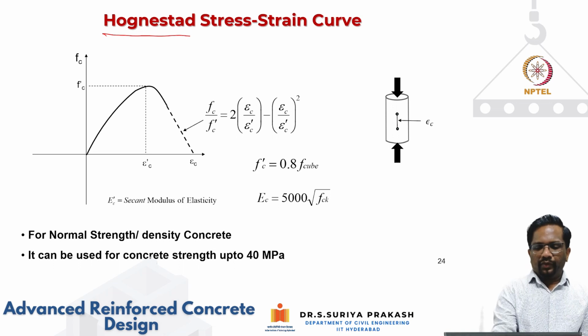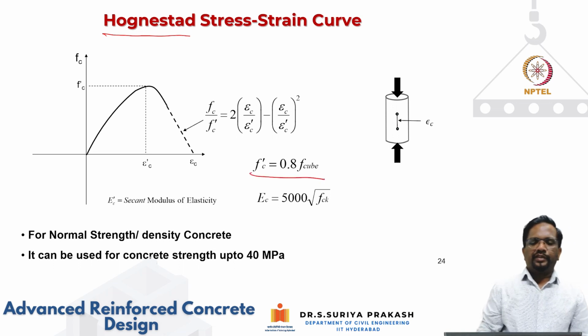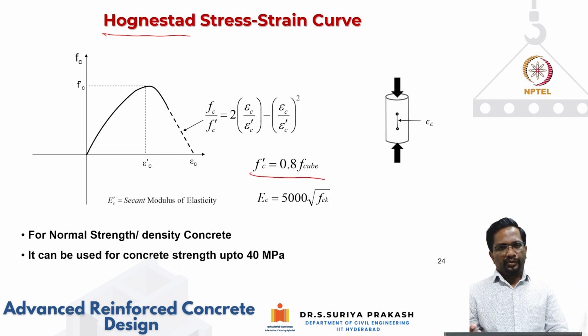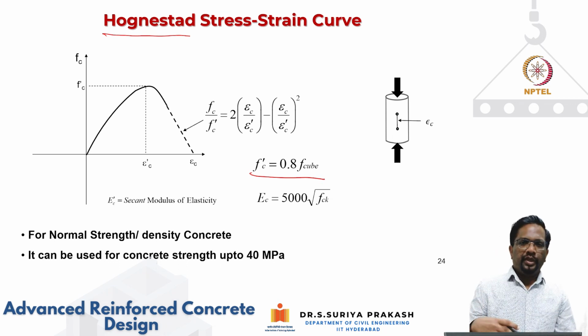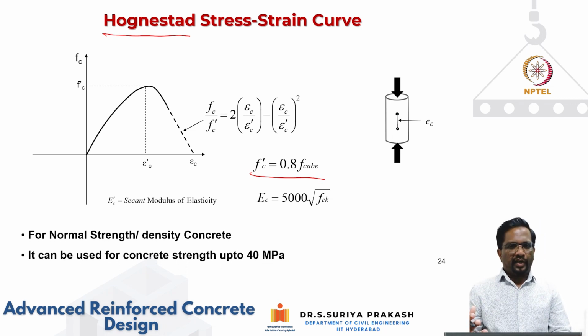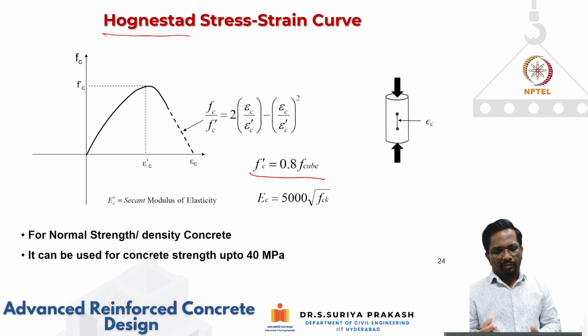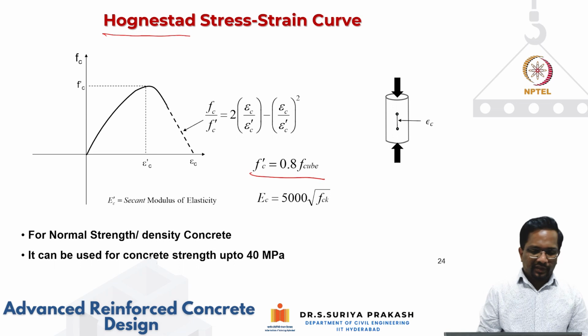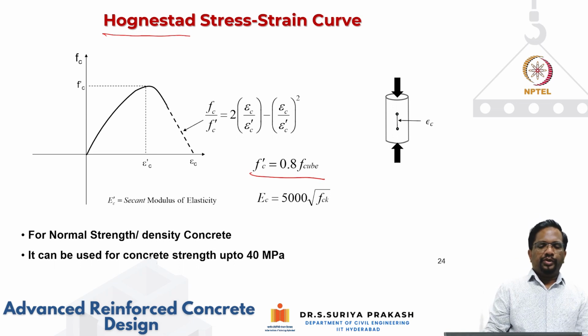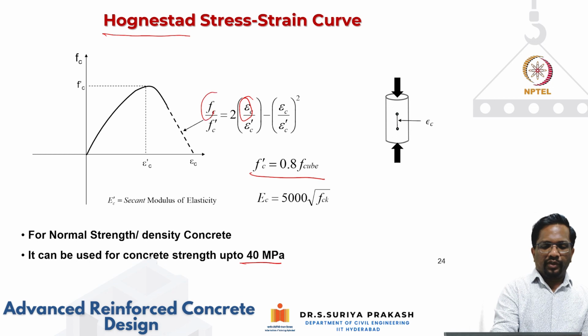We know that F prime C, the cylinder strength, is going to be 80% of the cube strength, or cube strength is going to be 1.25 times your cylinder strength. There is a conversion factor available for standard cube size and cylinder size. This Hognestad model can be used for concrete strength up to 40 megapascal. Now, to use this, what do I need? At any strain epsilon C, I should be able to get Fc.